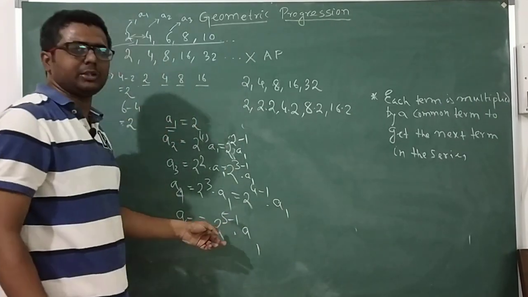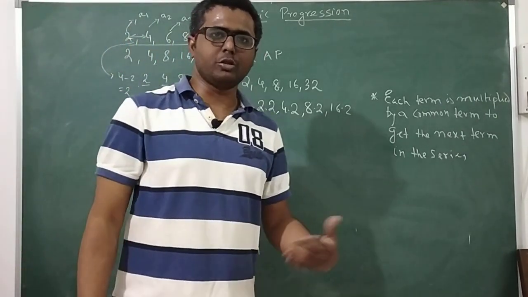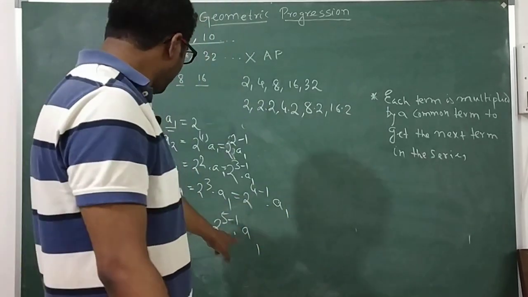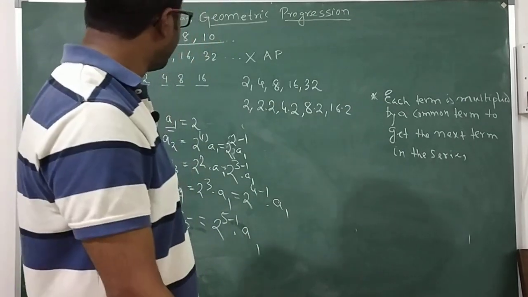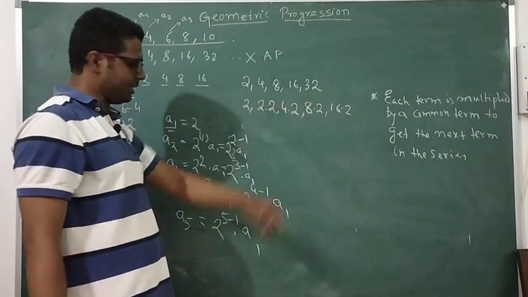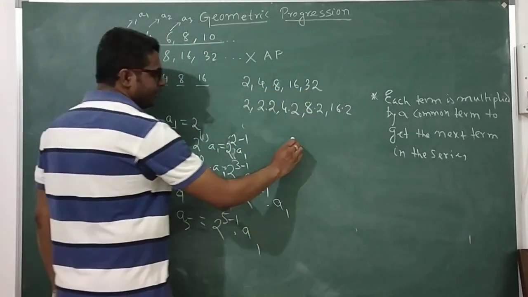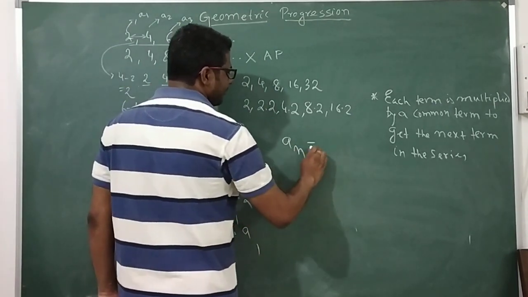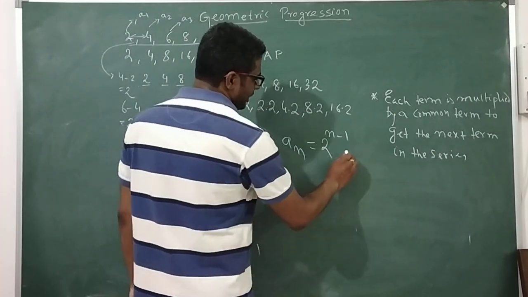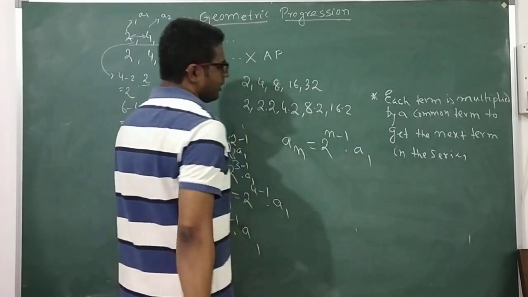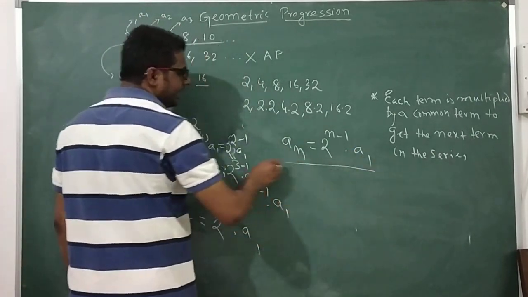Now 2 to the power 5 minus 1 means 2 to the power 4, which is 16, into A1. A1 is 2, so 16 into 2 is 32, and that is the fifth term, 32. So similarly, if we go on, we will get the nth term as 2 to the power n minus 1 into A1. So this is how you calculate the nth term of a GP.